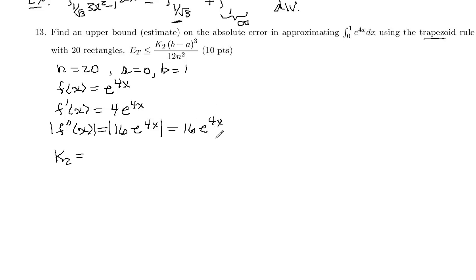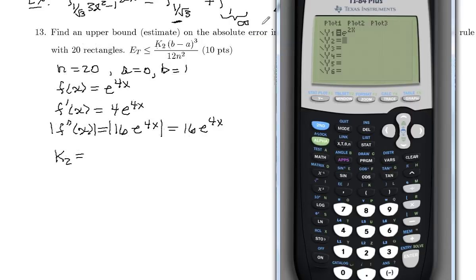Now, if you graph this function on your calculator, let's actually do that here real quick from 0 to 1. So here I went to the TI-84. I've already put in the function. And then what you want to do is you want to go to Window and set your x min to be 0 and set your x max to be 1.